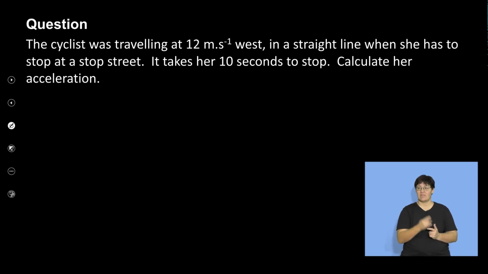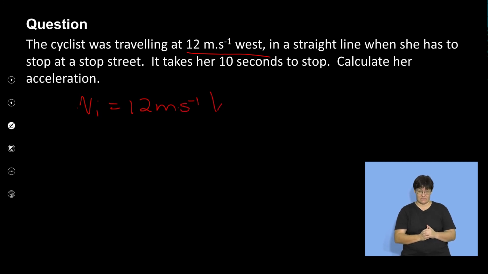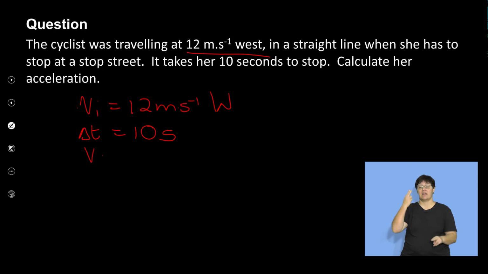Now, she's traveling 12 meters per second west. So initial velocity, 12 meters per second west. She has to stop at a stop street. It takes her 10 seconds. And her final velocity is going to be 0 because she stops. They want acceleration.